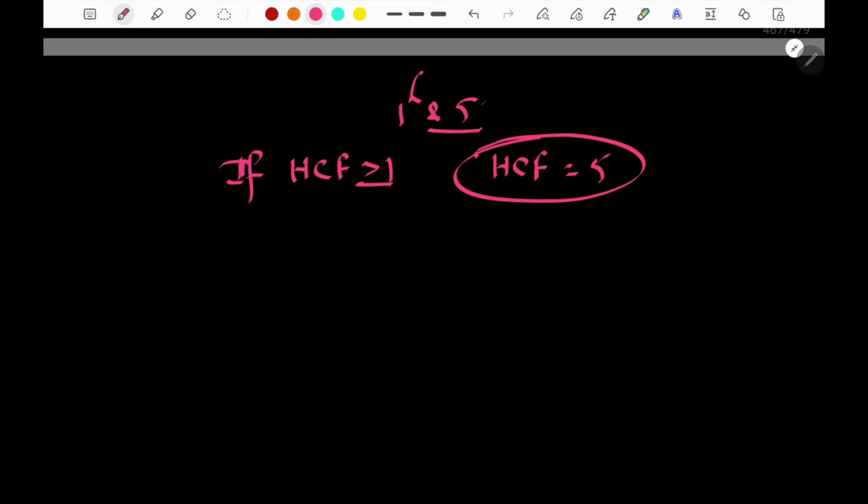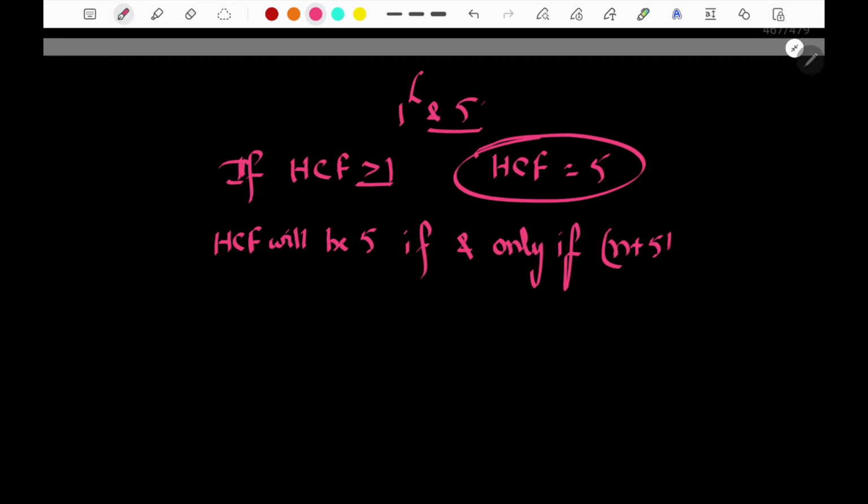HCF is equal to 5. So it means we can say HCF will be 5 if and only if n plus 5 is a multiple of 5.